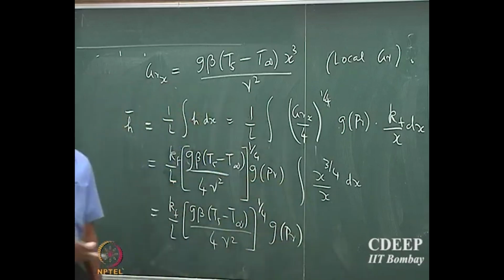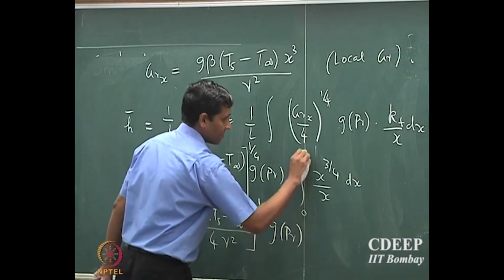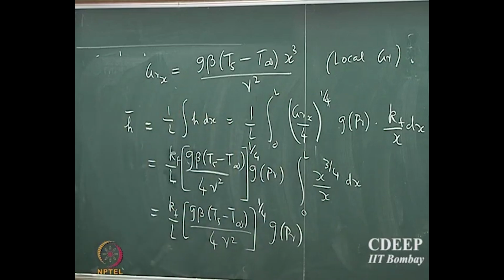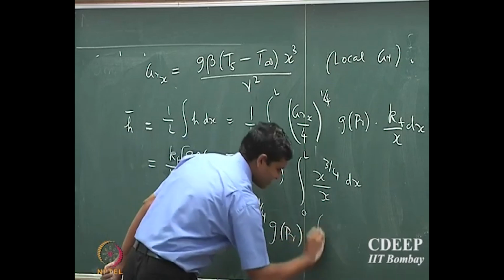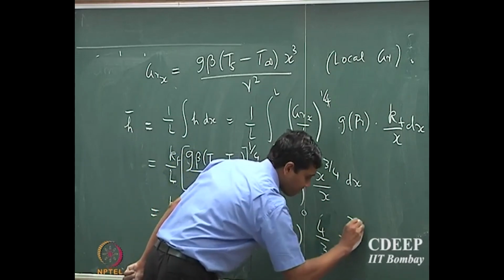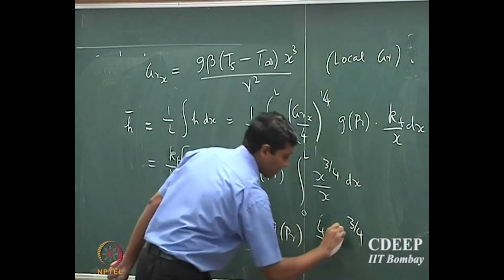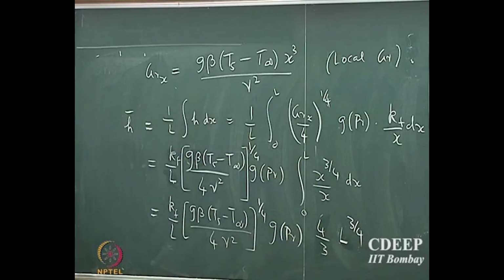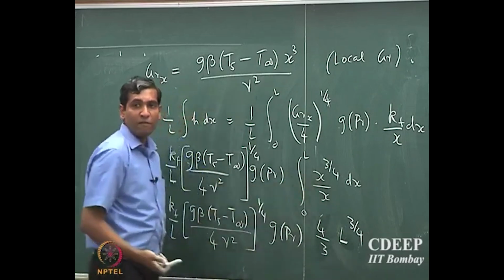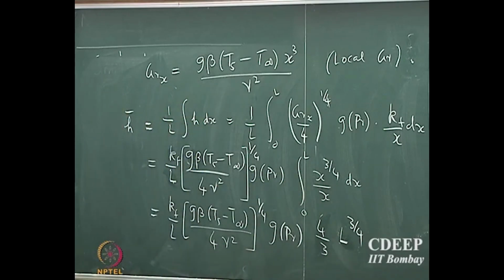What is this integral? From 0 to L, it's 4 by 3 into x to the power of 3 by 4, L to the power of 3 by 4. This is nothing but the integral of x to the power of minus 1 by 4 into dx.